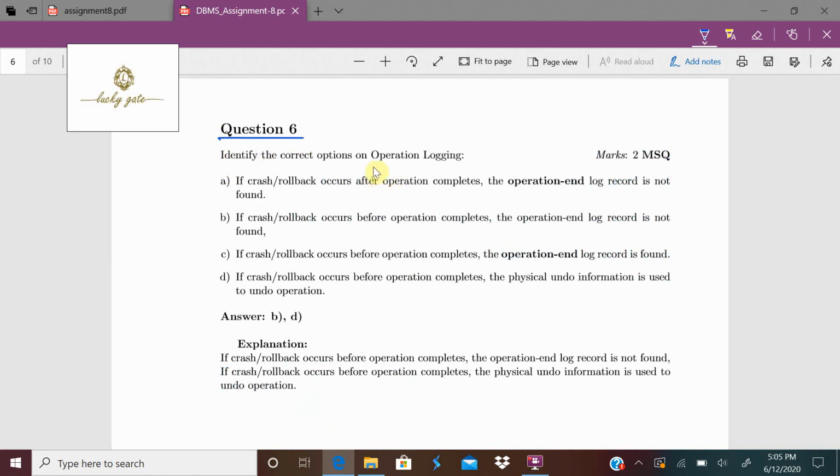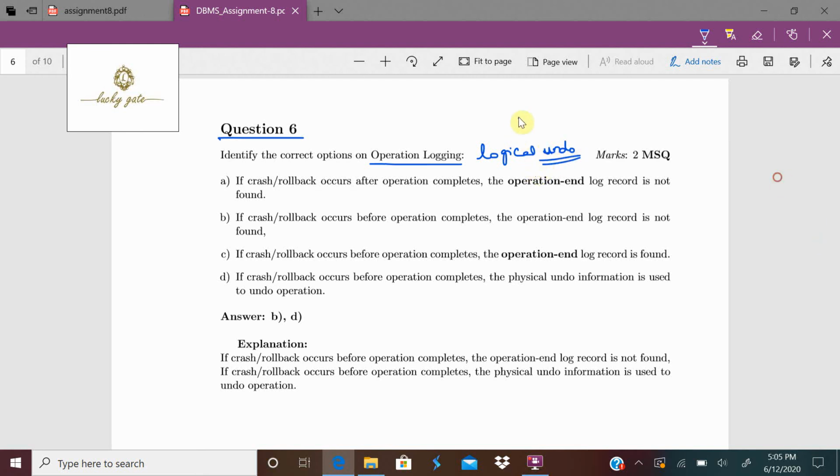Question number 6. Identify the correct options on operation log. Operation log is required for logical undo operations. It means instead of using physical undo operations, we have to perform logical undo operations. Logical undo is like an example.